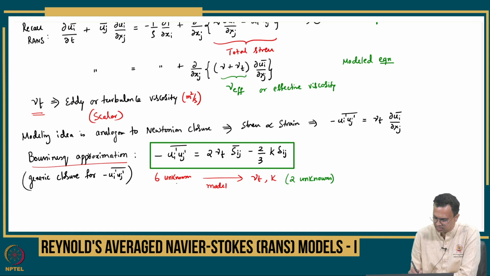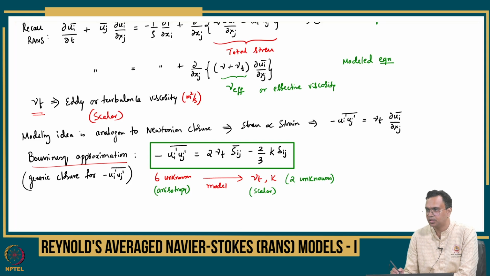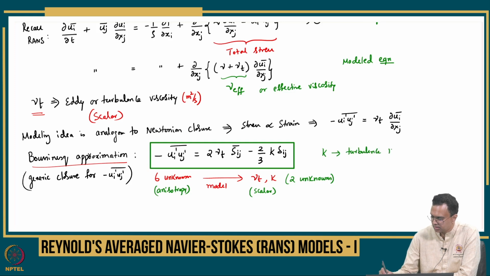This is a tensor, so this had anisotropic nature. Now this has become scalar. K is the turbulence kinetic energy here.